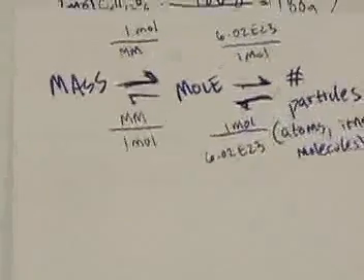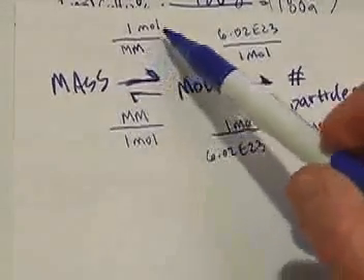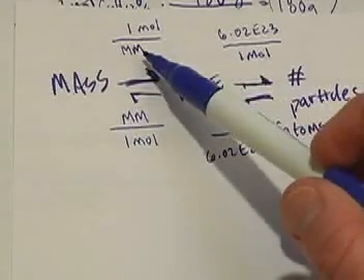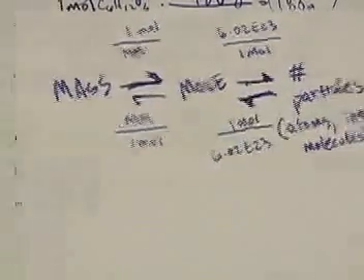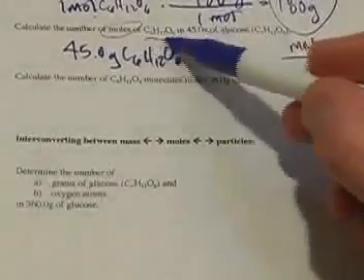Now, if you're confused about where we're going from and to, notice we're given a mass, and we're told to find the number of moles. So we put moles as our new set of units right here, and we put the molar mass from the periodic table on the bottom of that ratio. So I've got grams down here, and where do I get the number of grams of glucose there are in 1 mole?